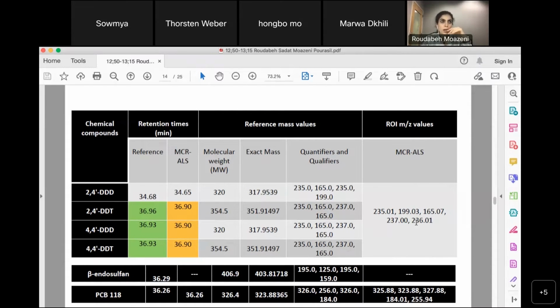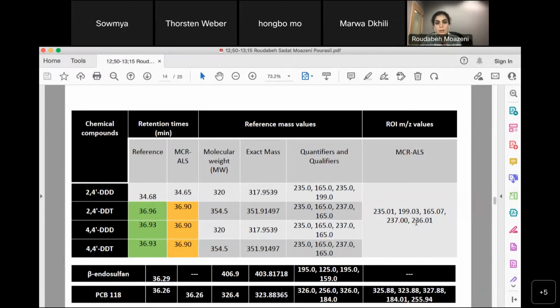Another point, as I mentioned, one of the chemical compounds, beta-endosulfan, has not been seen directly in the MCR result, because its retention time is very close to PCB 118.